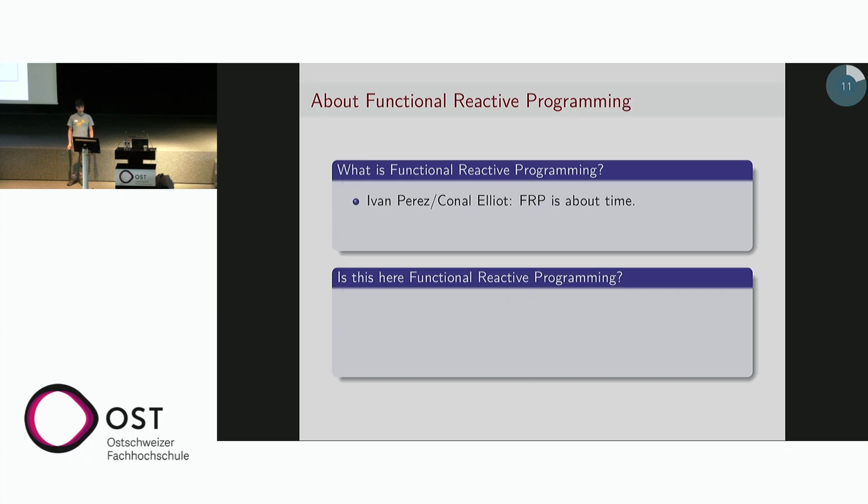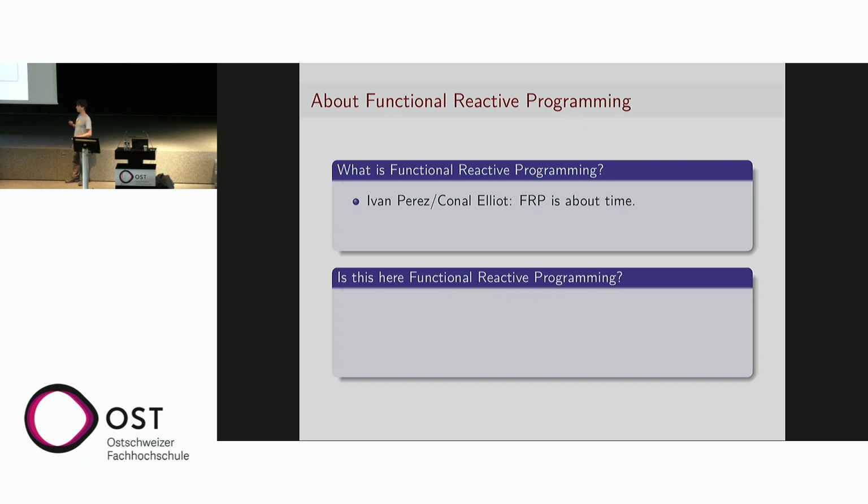What is functional reactive programming? I've heard Ivan say a lot that FRP is about time. Now, I've asked him today, he said it's actually Conal Elliott who said that, which makes a lot of sense because Conal Elliott is one of the founding fathers of FRP, you could say.